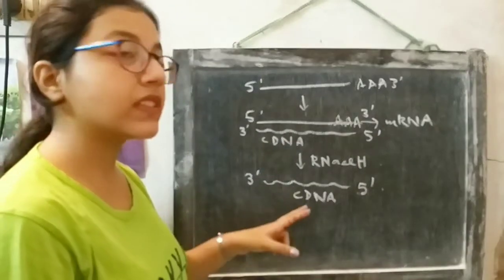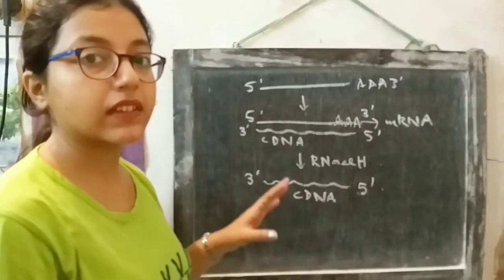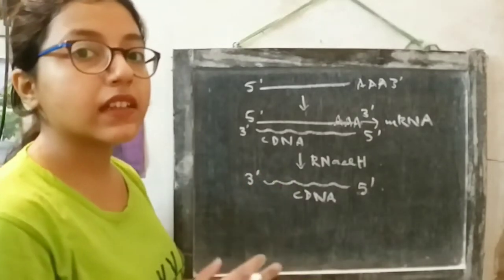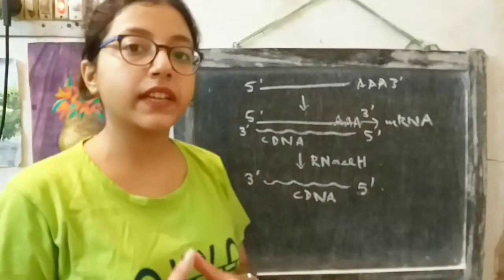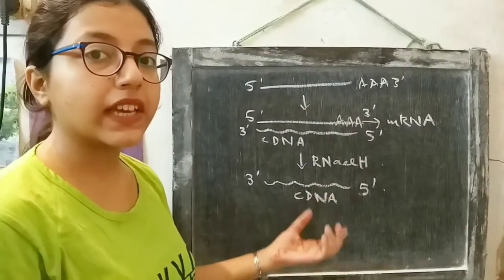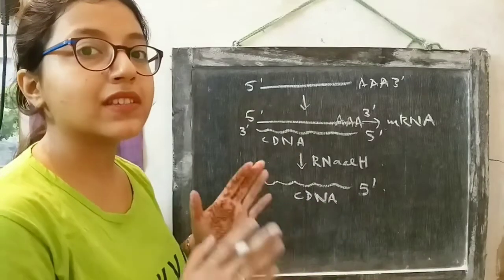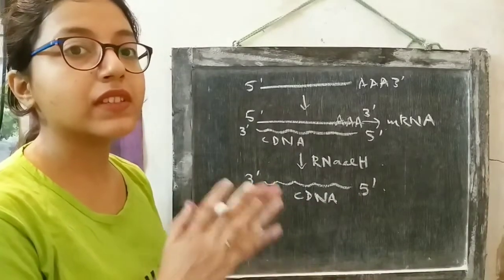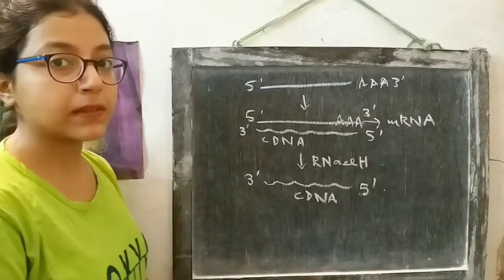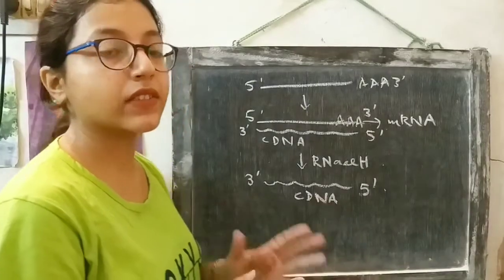In the next step this cDNA is treated by the enzyme terminal deoxynucleotidyl transferase, that is the enzyme responsible for homopolymeric tailing. So this cDNA is treated with the enzyme in the presence of a single dNTP. In this case the dNTP is dCTP, that means deoxycytidine residues.